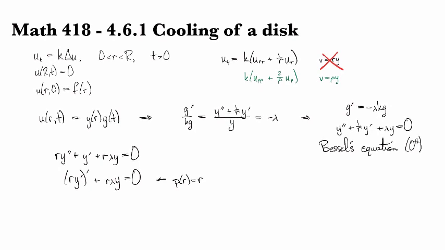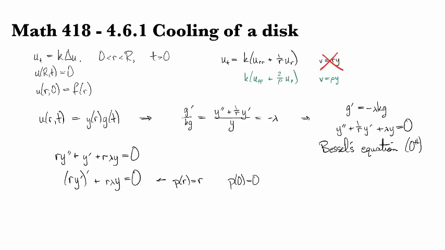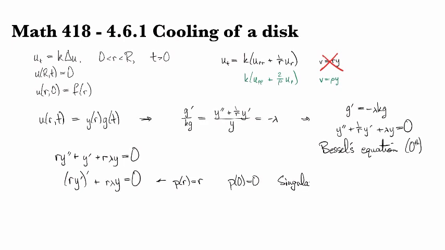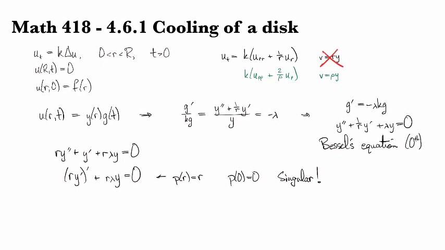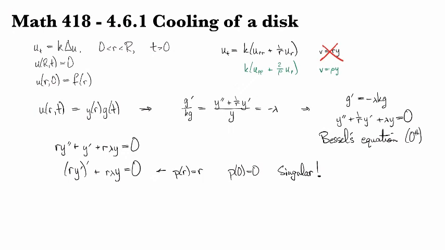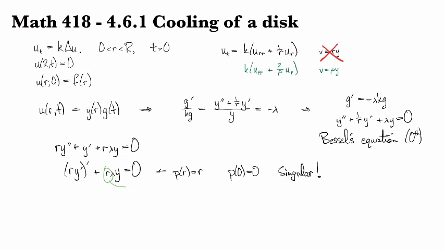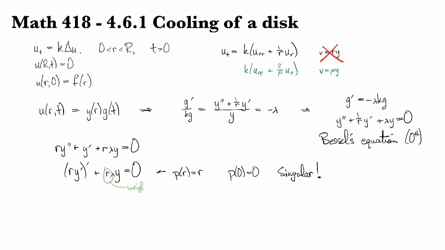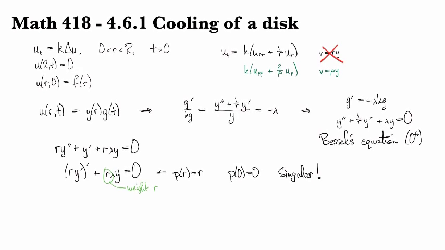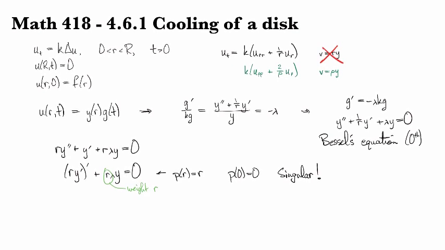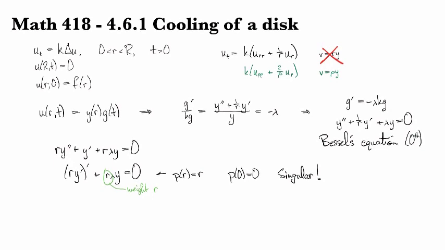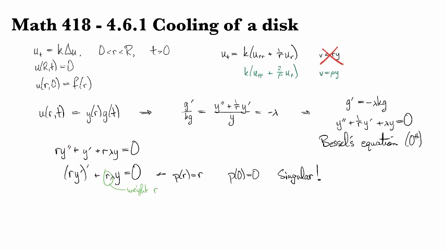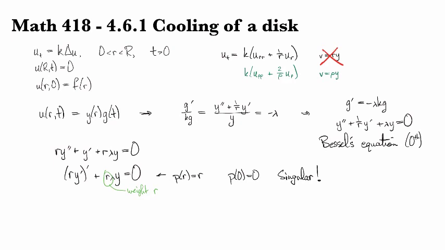And since this function takes value 0 at 0, it is a singular SLP. And note also that we've got a weight function of r as well. Earlier I used r for the weight function following the book, so I can't use that right now. But anyway, we'll just call it the weight function.